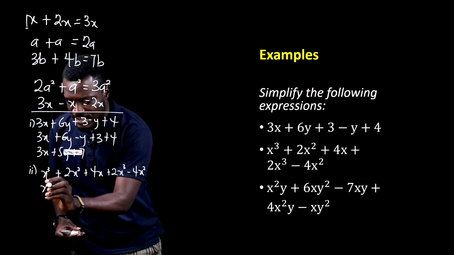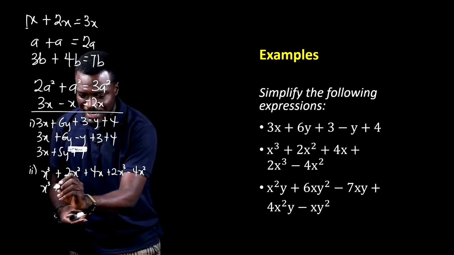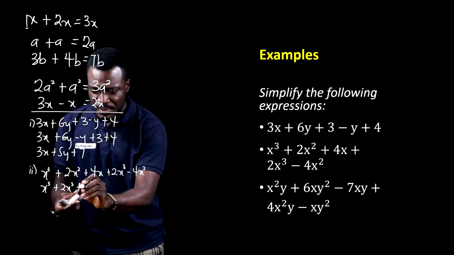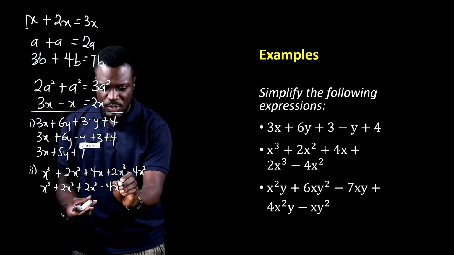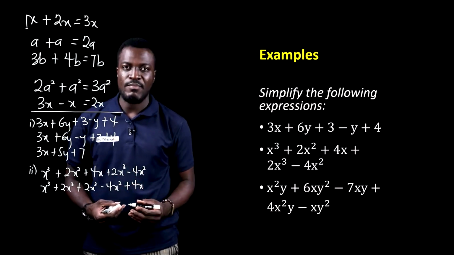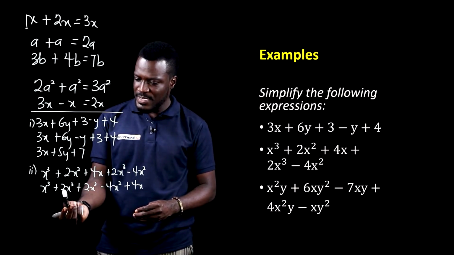So we have our x cubed here, and then this is also plus 2x cubed. Now let's group these ones too. Plus 2x squared minus 4x squared, and then plus our 4x here. And then let's simplify. X cubed plus 2x cubed.